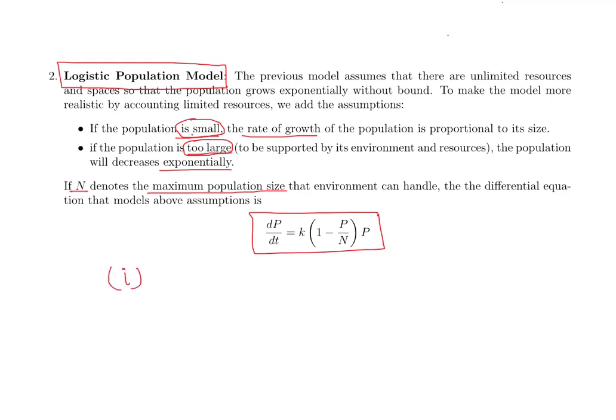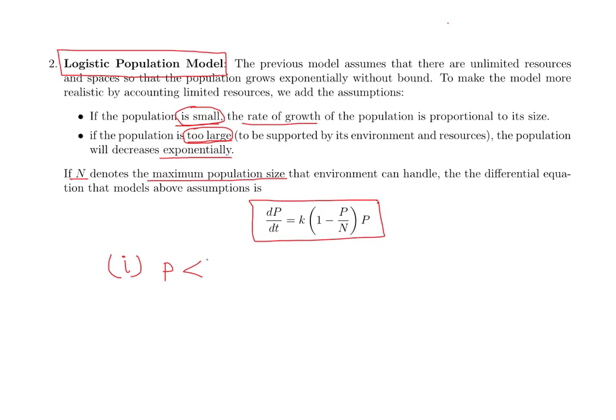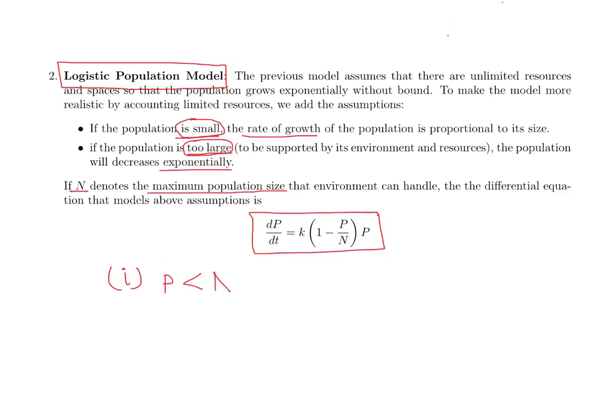The first assumption is if the population is small, that means if the population is less than the maximum population size N, then the growth rate is almost exponential. I mean, the population grows almost exponentially, k times p. So growth rate is proportional to the population size.